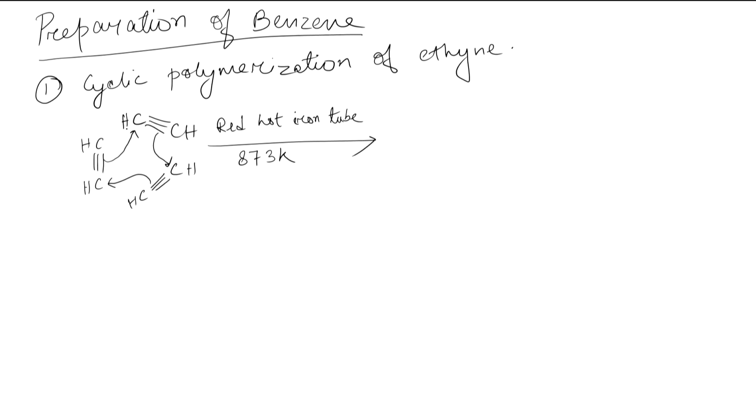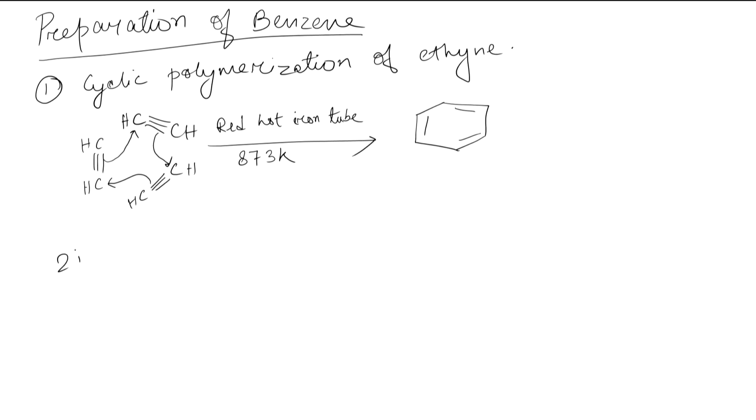Okay, by these bond shifts. So what happens? This pi bond breaks and instead a single bond is formed between these two carbons. Here also this pi bond breaks and bond is formed between these two carbons, and similar for these two carbons. So we get benzene. Okay.